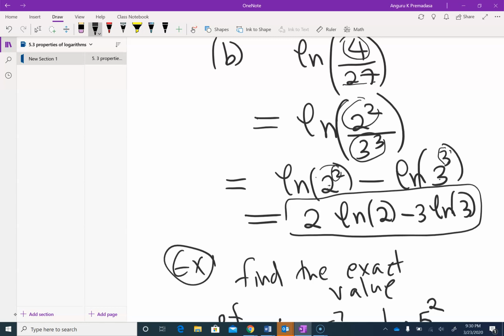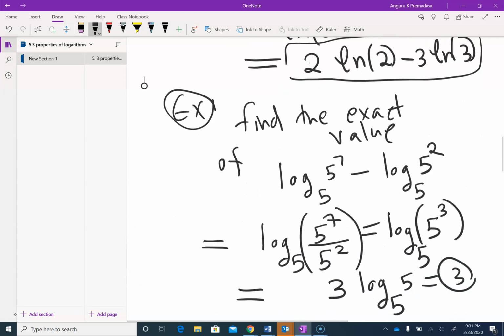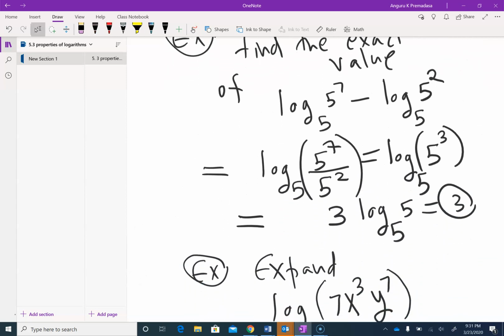So the 2 can be brought forward, giving 2 times natural log of 2, minus, we bring 3 forward, 3 times natural log of 3. So 2 times natural log of 2 minus 3 times natural log of 3, and then we have the answer.